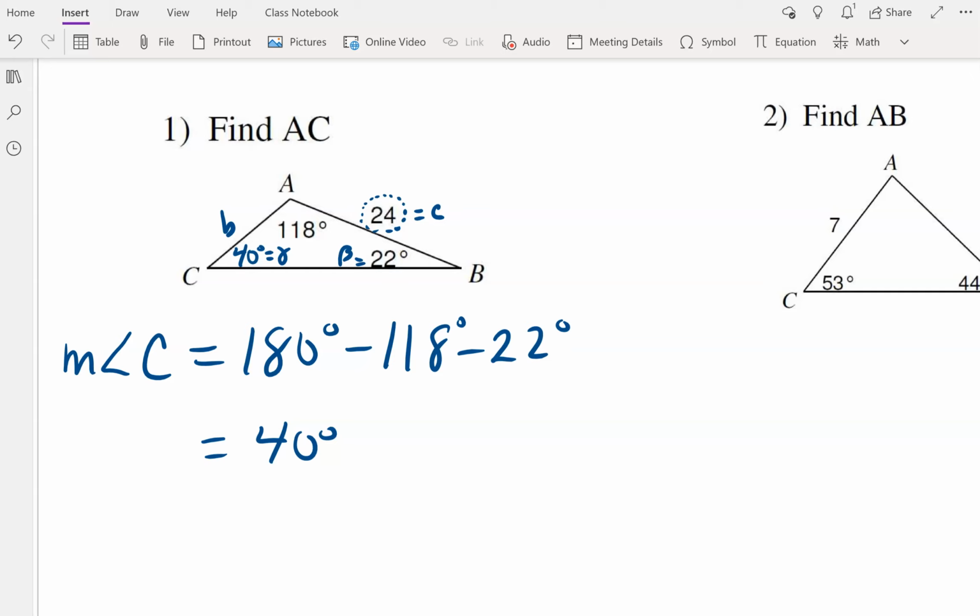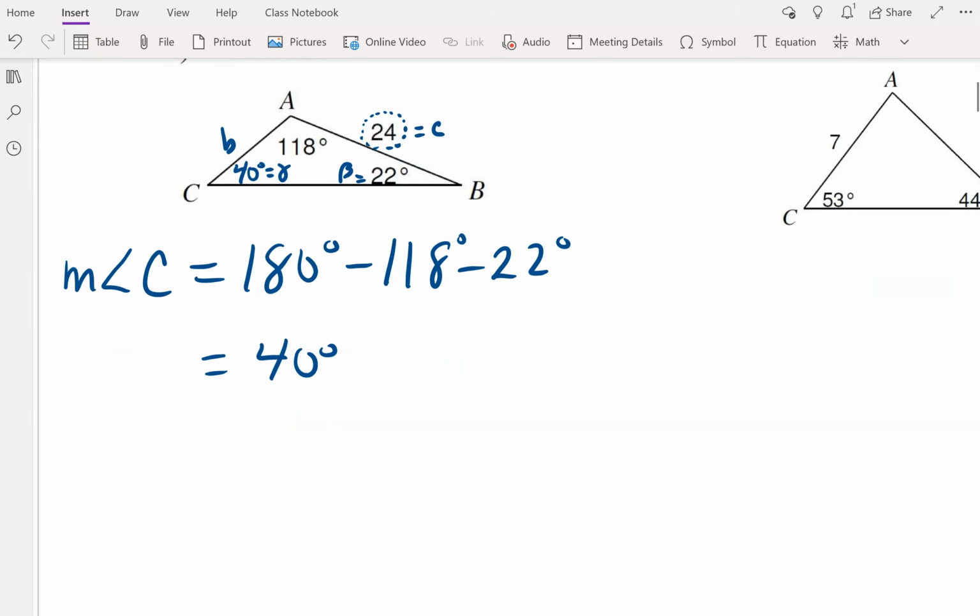So if I want to use the law of sines to help me solve for b here, the equation that we would use would be sine of beta over b is sine of gamma over c. I'm using the second two ratios.